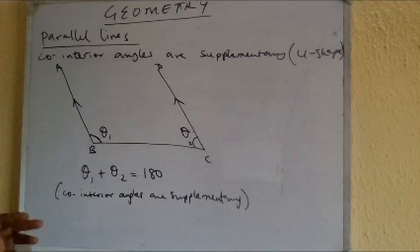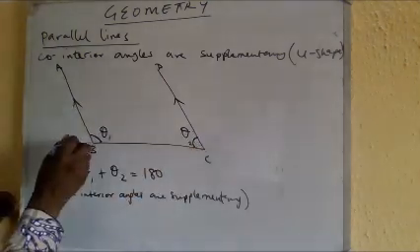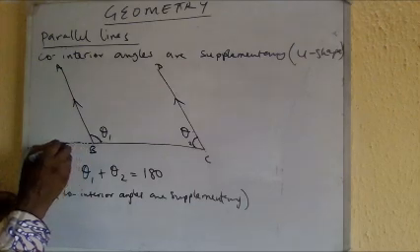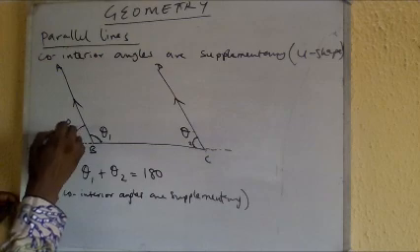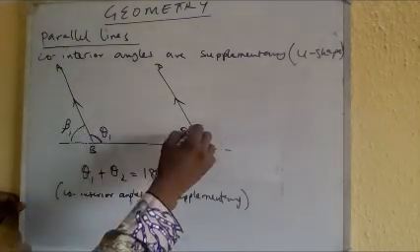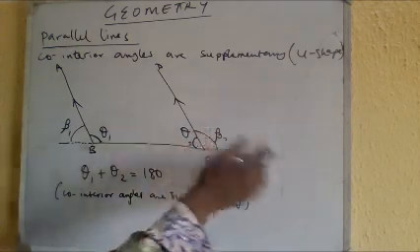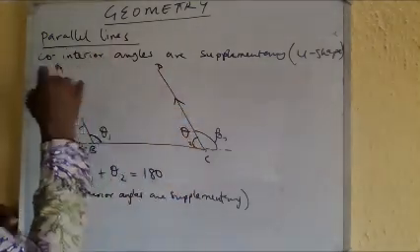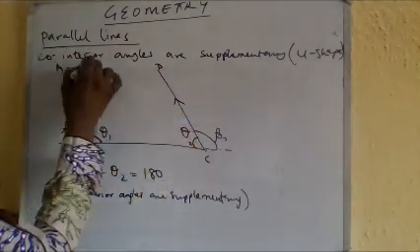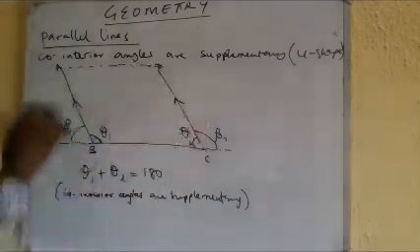So if you have co-interior angles, both of them are together and they are interior. If I extend a line like this and another line like this, this one is an exterior angle. Let me call it beta 1, and this one beta 2. They are exterior angles. Why? Because they are outside, exterior to this shape. If I close this shape like this, I'm putting broken lines to show that they are not originally in the initial diagram I drew.